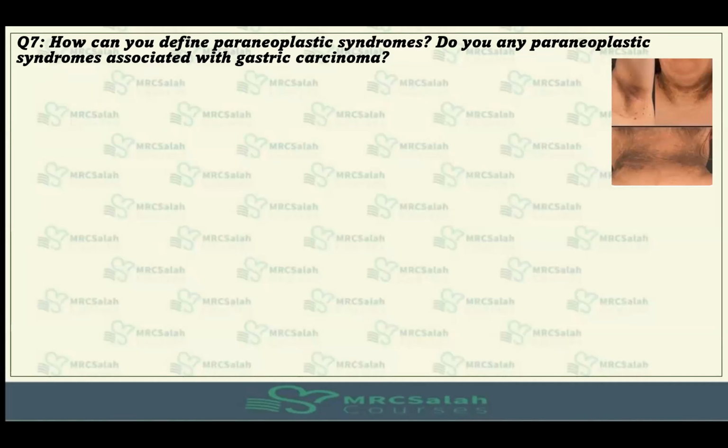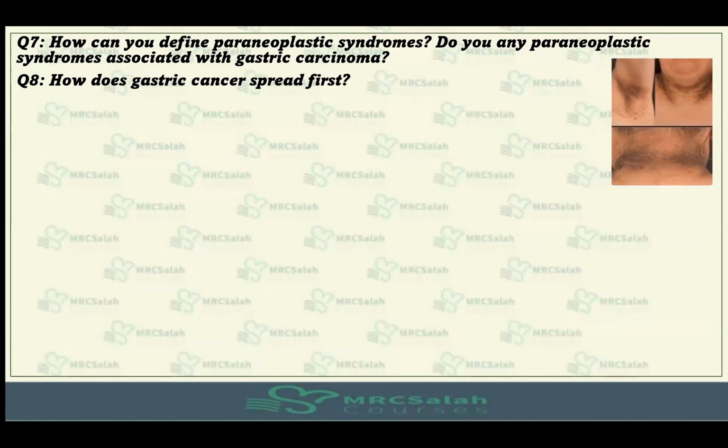So you said that it is a group of symptoms that occur in patients with malignant neoplasm that cannot be explained by either the tumor itself or by distant metastasis of the tumor. Yes, great. So in gastric cancer, what are the paraneoplastic syndromes that can be found? Dermatomyositis and acanthosis nigricans. Yes, great. Perfect. Thank you.